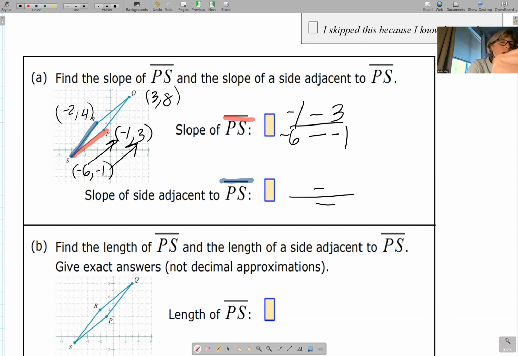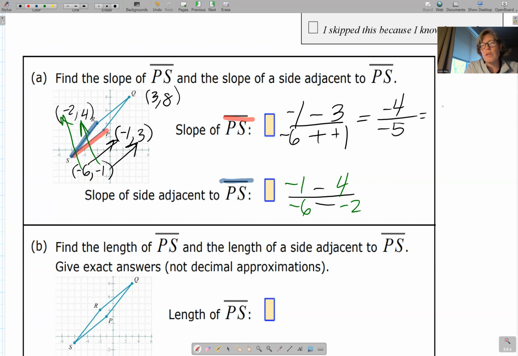Now I'm going to go PS, go the other direction. And y minus y, 1, 4, negative 6, 2. All right. Double negative makes a positive there. So that's going to be positive 4/5. Let's just do a visual check. That was the red. And yep, it is positive because it's going up from left to right. Sometimes it's nice to just do a quick little visual check. Let's double check this.